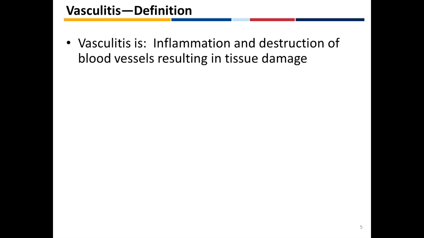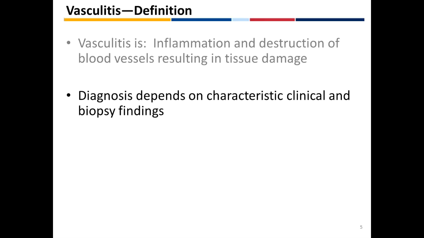So I like to start with just a basic definition. Anytime there's something that's confusing, and I think vasculitis certainly can be that, I like to start with a basic definition. And vasculitis is, on its simplest level, inflammation and destruction of blood vessels that results in downstream tissue damage. The diagnosis depends on finding characteristic clinical, that is what we see, in the clinic or on labs and so on, and biopsy findings.